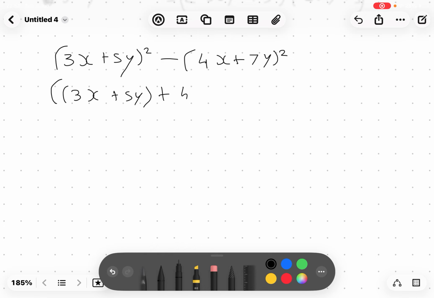And then for bracket 4x plus 7y, and then it's just going to be bracket 3 plus 5y minus 4x plus 7y.